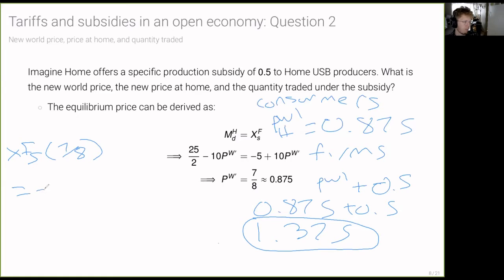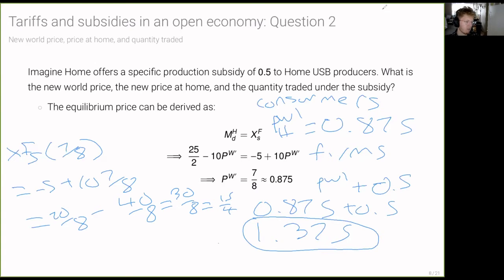Plugging in here, I get 5 plus 10 times 7 over 8, which is equal to 70 over 8 minus 40 over 8. So this is equal to 30 over 8, or 15 over 4.